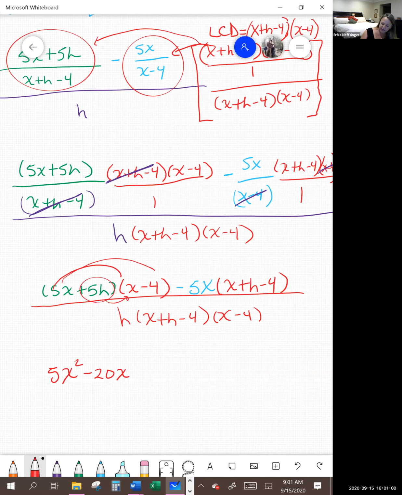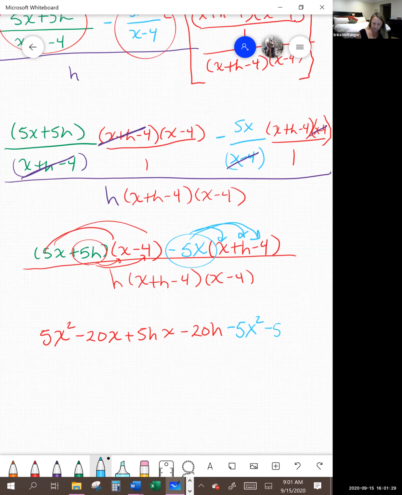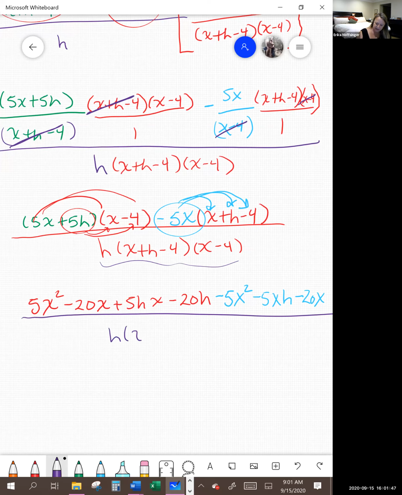Distribute the negative 5x to each term in the second parentheses in the numerator. We get negative 5x times x is minus 5x squared. Negative 5x times h, that's minus 5xh. And then negative 5x times negative 4, that's plus 20x. And this is all over the denominator of h, all times the x plus h minus 4, all times x minus 4.